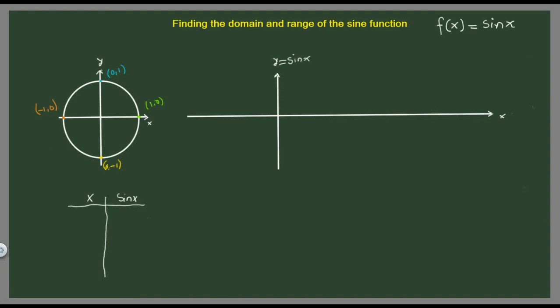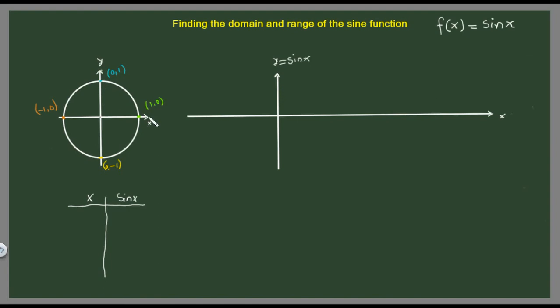Now we're taking this point here. The coordinate of this point is 1 and 0, but we're talking about the sine, so we're not going to take 1, because 1 here represents the cosine. The sine values are always read on the y-axis.